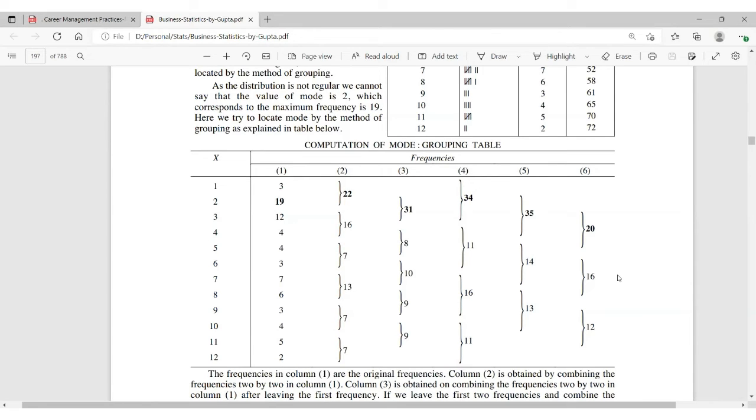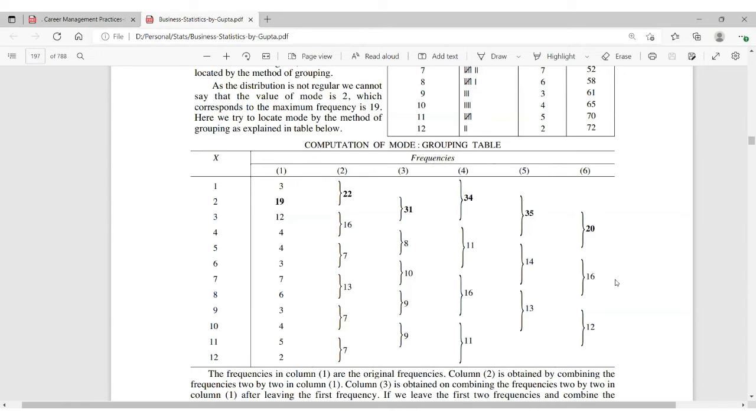Second column, we make groups in twos. Third, leaving the first frequency, we make groups in twos.